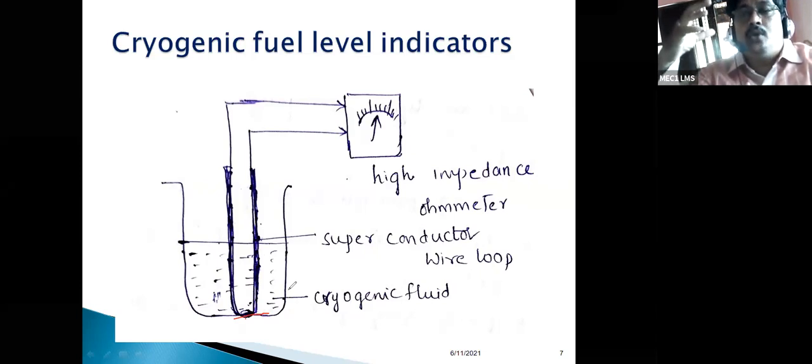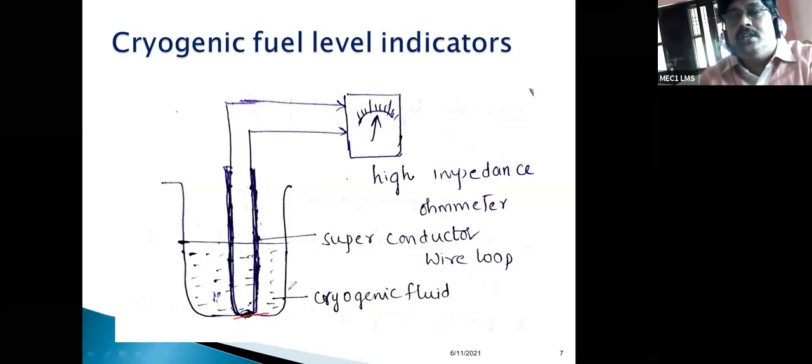So here in the cryogenic fuel level indicator, whatever fuel is in a gaseous state, we are converting into a liquid state by lowering the temperature. So when the temperature is lowered, the phase automatically changes. If the temperature increases, that fuel will be converted again into gas.